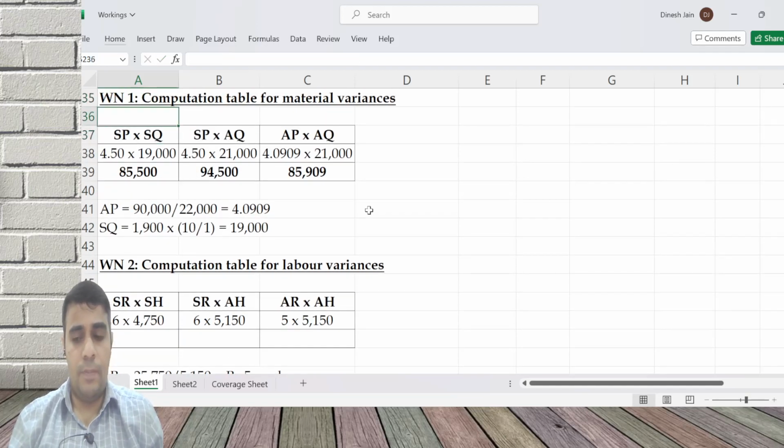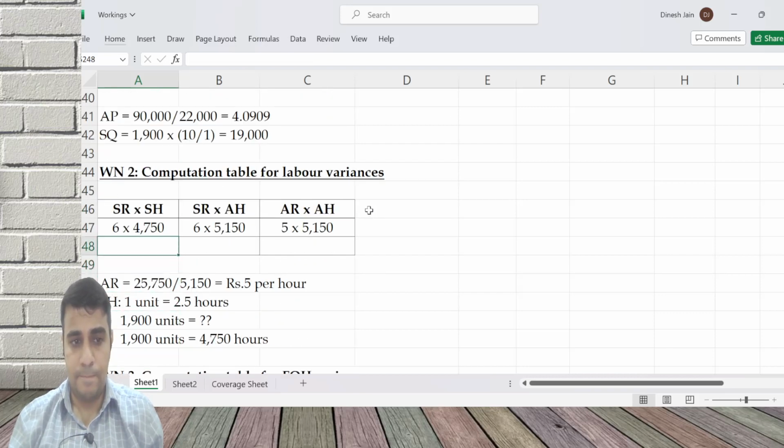This should be your material variances part. I hope you're getting this. Computation table is over. Labor part.